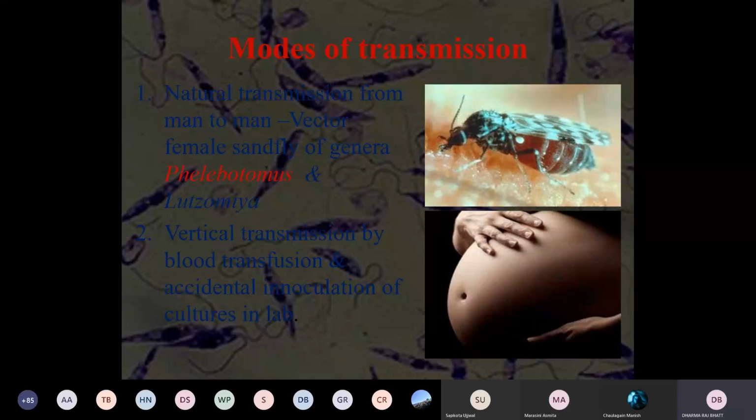Right. Good. Any other? Babesiosis. Babesiosis is transmitted by? I forgot, sir. Right. So we have a large number of diseases which are transmitted by vectors, right?